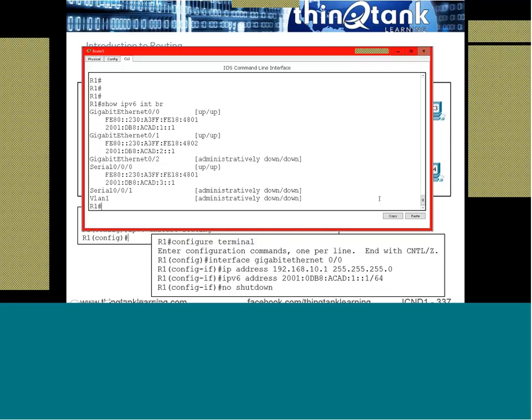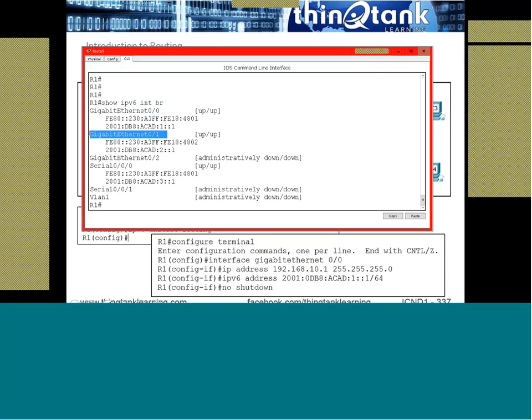A couple things I want to point out about this particular output. First of all, we know what the show ip interface brief command did, right? It gave us a list of all the interfaces that we had on our platform. And sure enough, we see a list of all the interfaces that we have on our platform, right? So it's the same in that regard. The other thing that show ip interface brief showed us was the status and the protocol of the physical layer and the data link layer status of our interface.